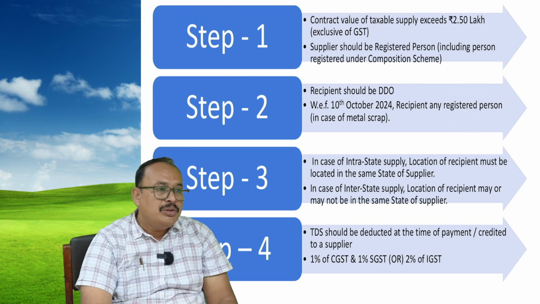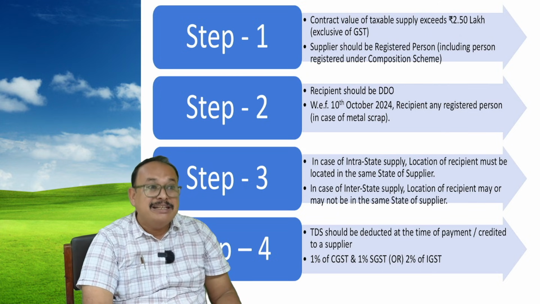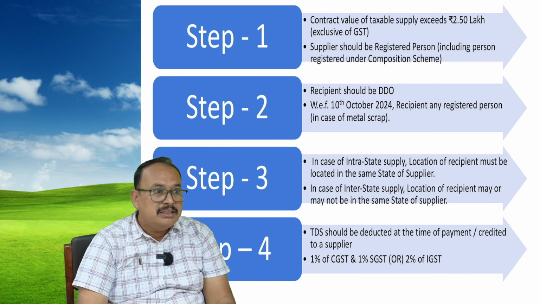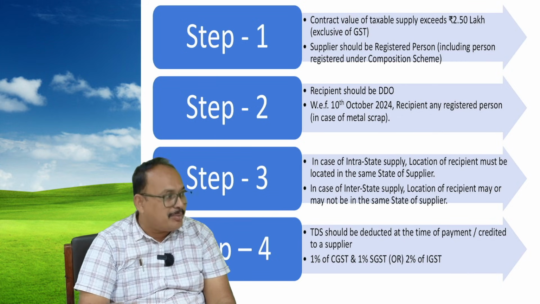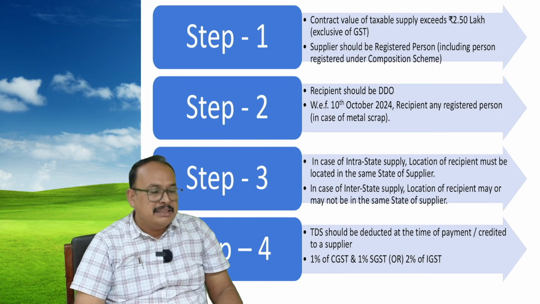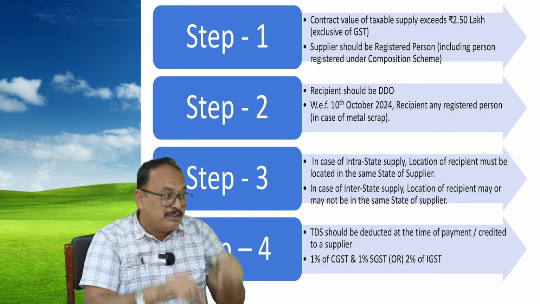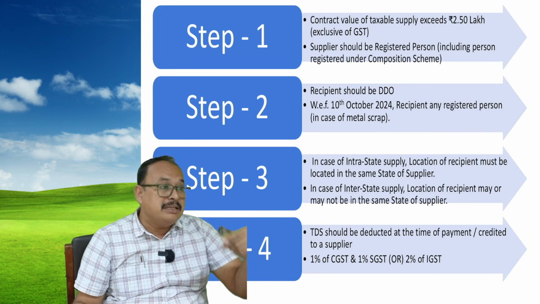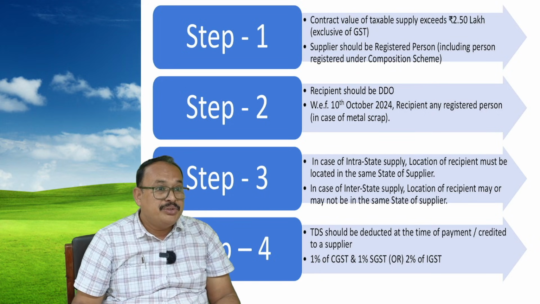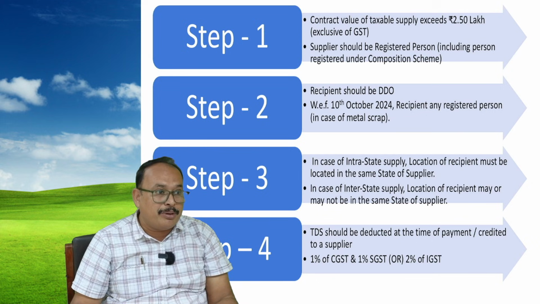If TDS is deducted by the recipient and remitted to the department, it should auto-populate in the electronic cash ledger of the supplier. If the supplier is in Tamil Nadu and the recipient in Andhra Pradesh, he cannot deduct TDS; it is not eligible for him. If it's interstate supply, no problem.